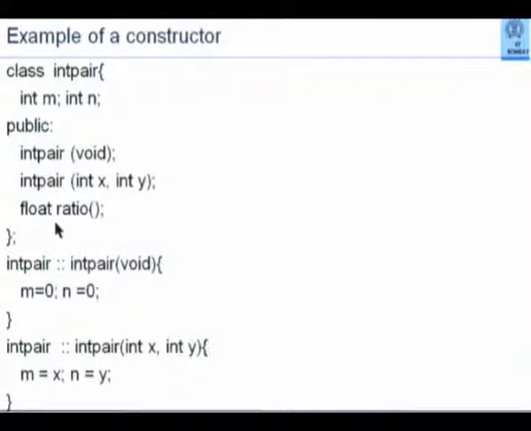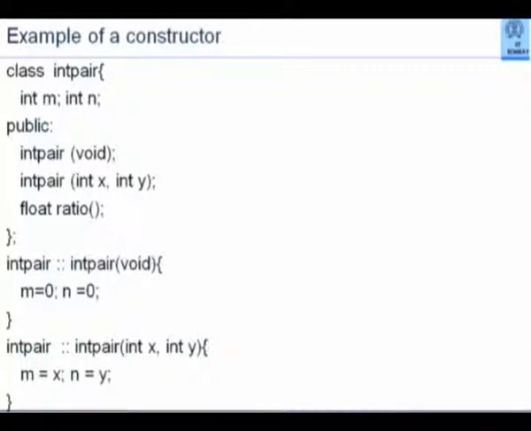Can you guess what this function would do? If you operate upon an object using this function, it should calculate the ratio, hopefully of m by n. Notice that while m and n are integers, m by n may be fractional, and therefore we expect it to return a floating point value, although the object data elements will be individually integers.